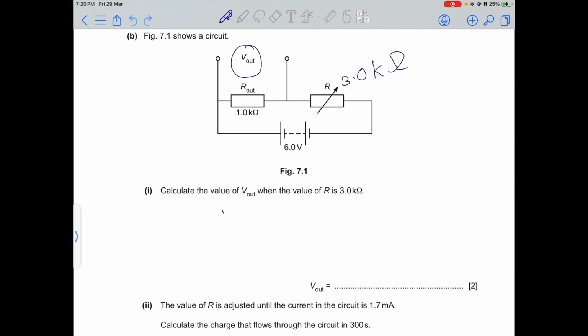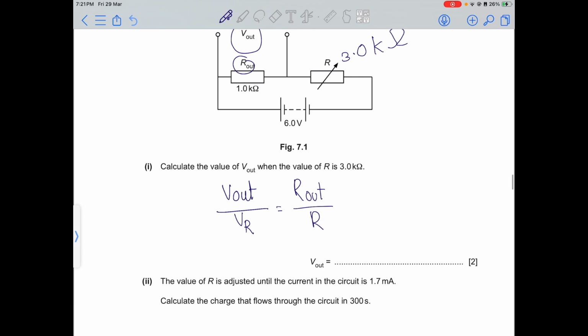So the formula is that V out over V is equal to R out over the total R. The R out basically means this one, R out over the total R. So in order to get V out, you would need to know the V, which is basically the 6 volts, multiplied by the resistance, which is 1000 over the total, which is 3000 plus 1000, which is 4000.